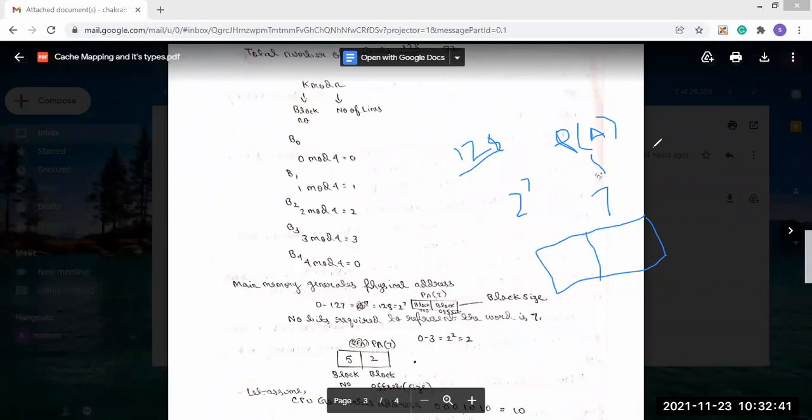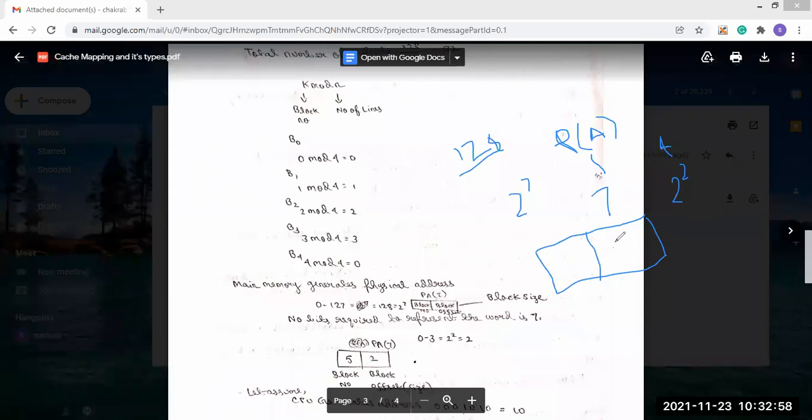We have already seen that each block can contain 4 words. To represent 4, how many bits are required? 2 to the power 2, so 2 bits will be required to represent 4.